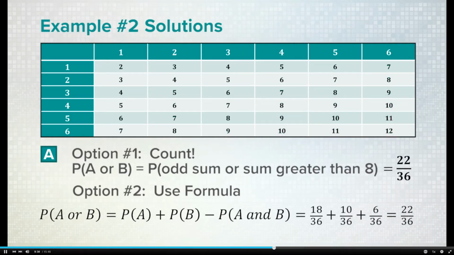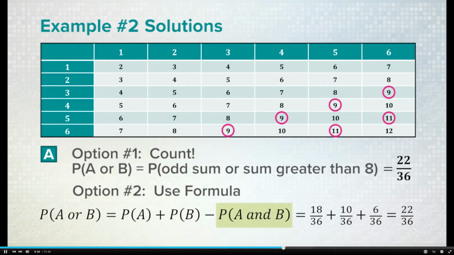Now I need to see which ones satisfy both conditions to find the probability of A and B. If you notice, 9 and 11 are both odd and greater than 8. There are 6 ways to get an odd sum and a sum greater than 8.